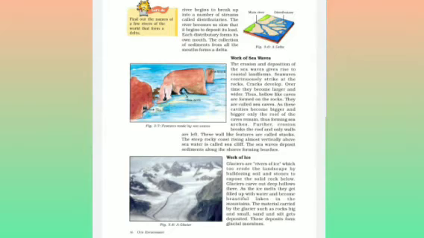Today we will see the work of sea waves. Sea waves are also a very powerful natural agent of erosion. So how does it work? The erosion and deposition of the sea waves give rise to coastal landforms. Sea waves continuously strike at the rock, and cracks develop.